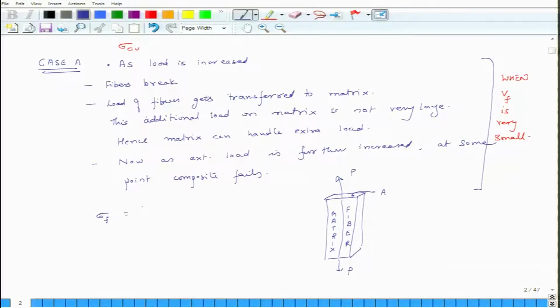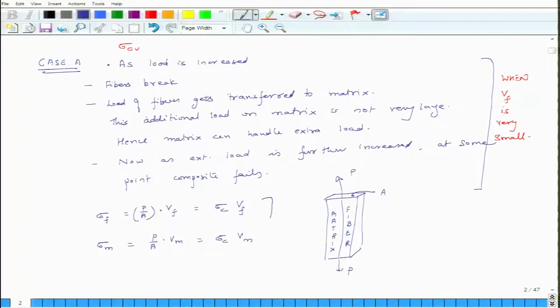It will be P by A into volume fraction of fiber. P by A is sigma C, the stress in the composite, so sigma F is sigma C times V F, and sigma M is again P by A into volume fraction of matrix, which is sigma C V M.